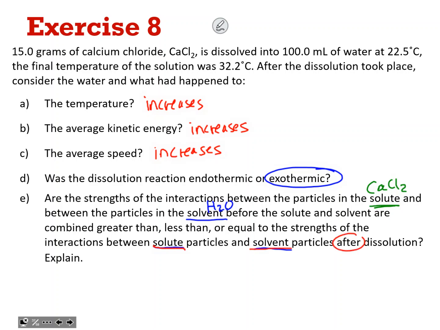So before versus after. And before here, what are we talking about? The forces in CaCl2, what kind of forces? This is an ionic bond.